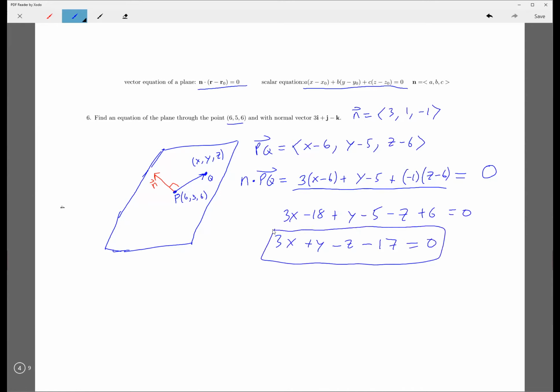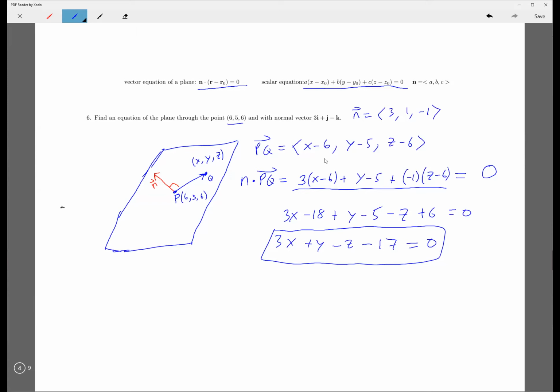So 3x plus y minus z minus 17 equals 0. Let's plug the point in and see if that works. Wow, it worked. So that's the equation of the plane.